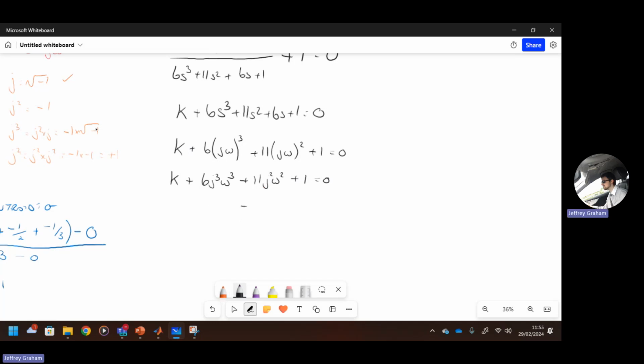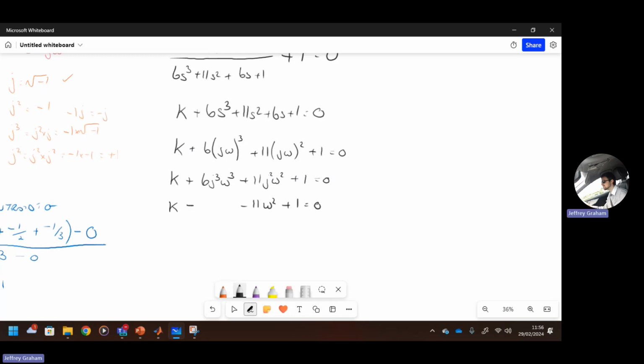now the easy bit. So j squared is -1. That sign swaps from plus to a minus. There's nothing on this bit. Still got K. Right, and then this j cubed term, we've got -1 times the square root of -1. And based on that notation, that is minus j.